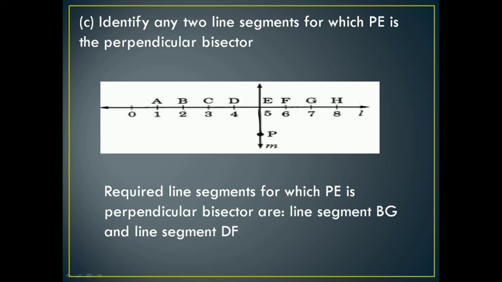So the units at both sides should be the same because they give us a perpendicular bisector. So we can write DF because here it is one unit, here is one unit. Or here are two units and here are two units, so we will write CG also.